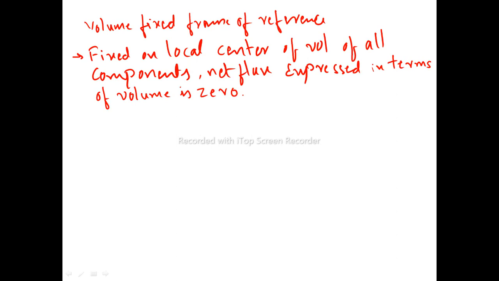It can be expressed mathematically like summation of Vi bar into Ji flux is equal to 0. This is the molar volume.